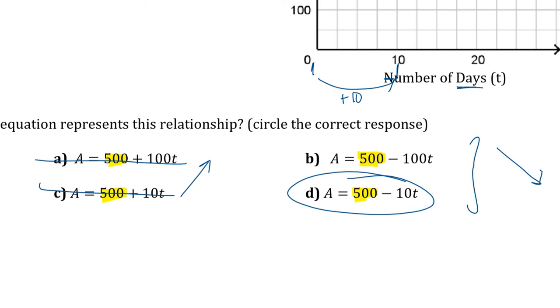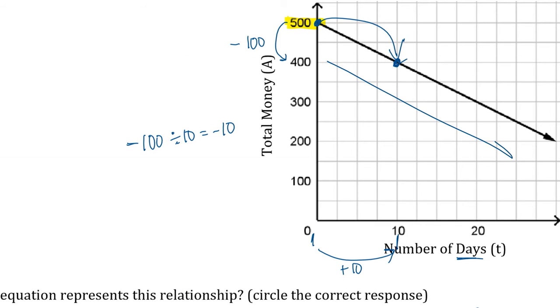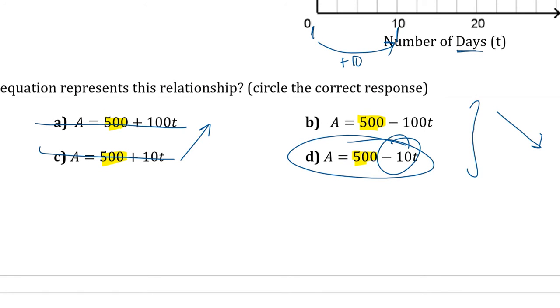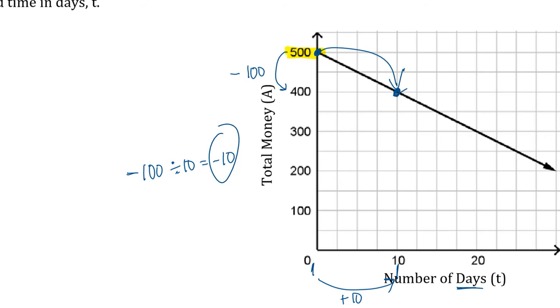I knew it was subtracting because the line was going down. If I didn't know that, but I realized it was going down 100 and I did it this way and got the negative 10, there's another way you could figure out that it has to be this one instead of that one, because C is adding and I can clearly tell that this is negative.